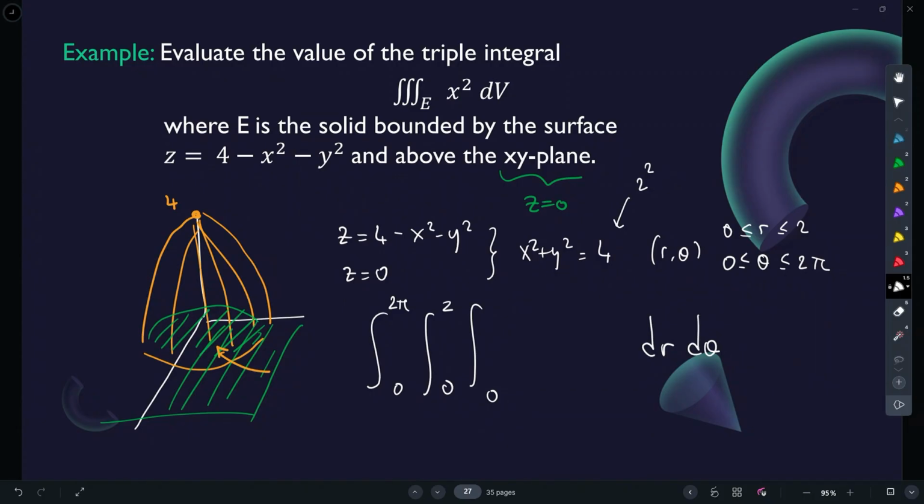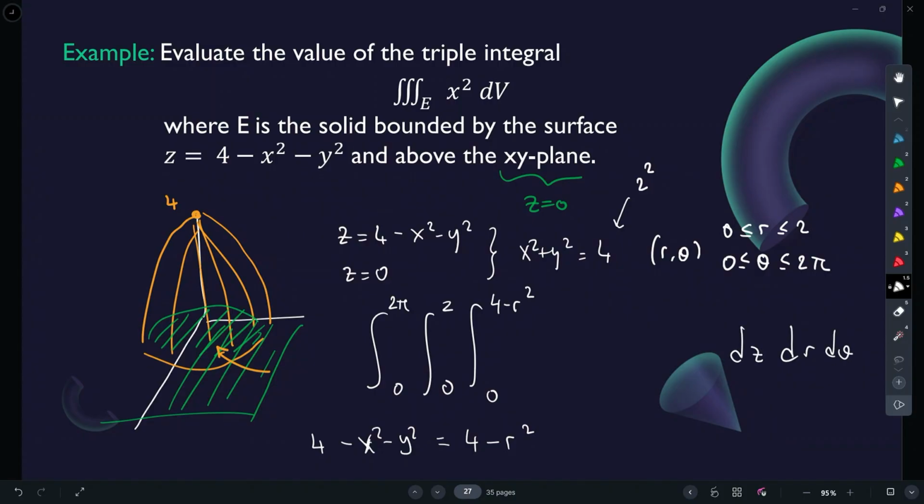I have to translate them to thetas and r's. Let me give myself more space, the r d theta. I'm going to translate 4 minus x squared minus y squared. Luckily, x squared plus y squared is r squared. So this is 4 minus r squared. So it's going between 0 and 4 minus r squared. That is the z.